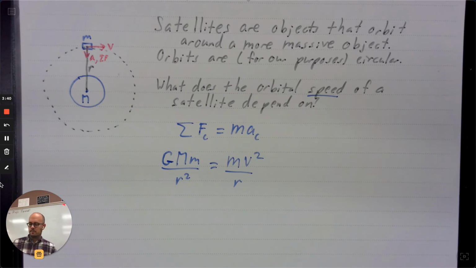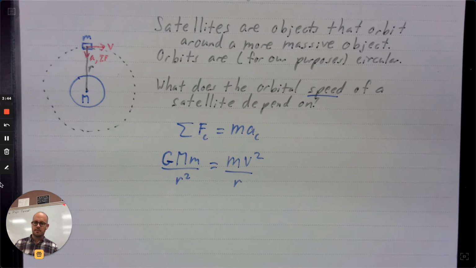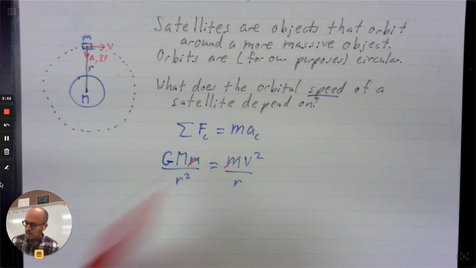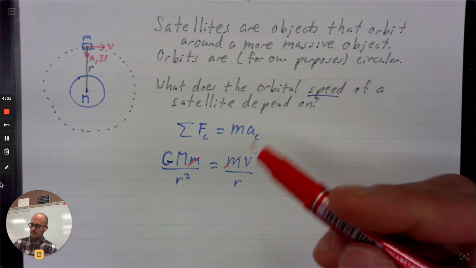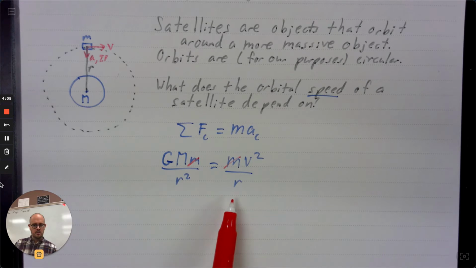Now we're going to derive this expression for speed, a v equals expression. And so there's a couple things that you can notice. One thing is I can divide both sides of this equation by little m, and it will go away, meaning that the mass of the actual satellite is not relevant to its orbital speed. The other thing I can do is multiply both sides of this equation by r.